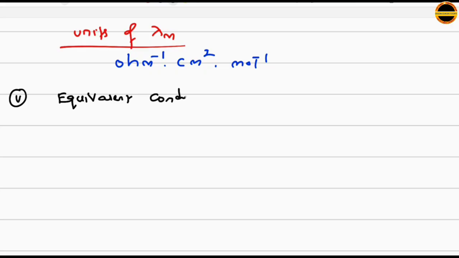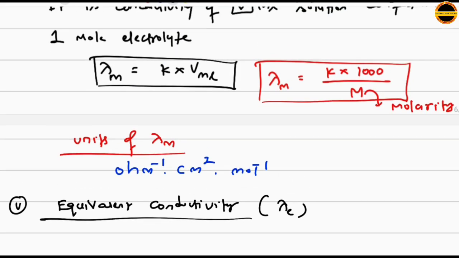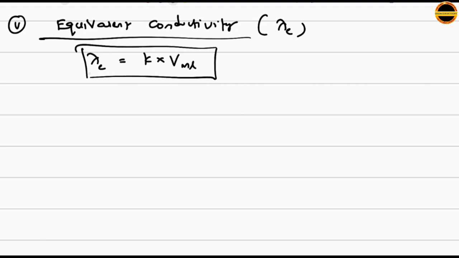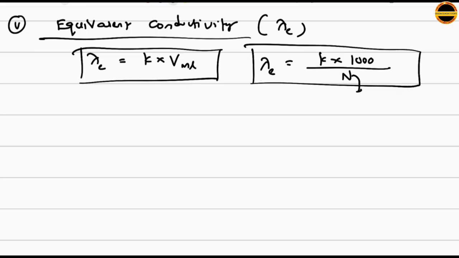Similarly, another term, which is equivalent conductivity. We represent equivalent conductivity as lambda E. Lambda E is equal to K into V mL, or the same as the above formula, lambda E is equal to K, the specific conductance, into 1000 by N, where N is normality.